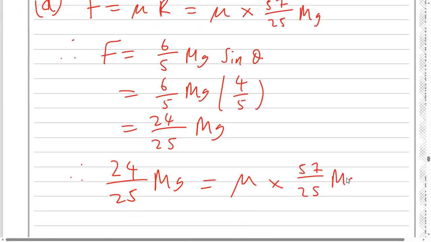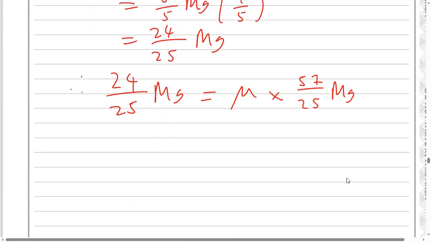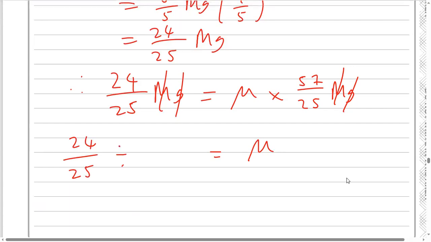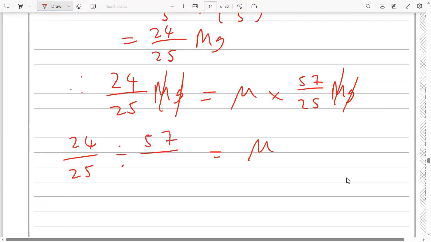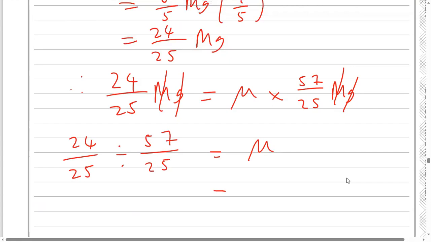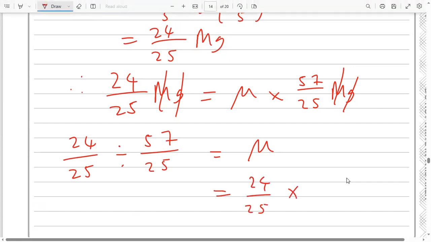So now what we can do is just cancel out the m's on both sides, divide both sides by m, they cancel out. The g's as well, they cancel out. And then we just divide both sides by 57/25. So mu is going to be equal to 24/25 divided by 57/25. So keep, change, flip: 24/25, change to a times sign, flip the second fraction.